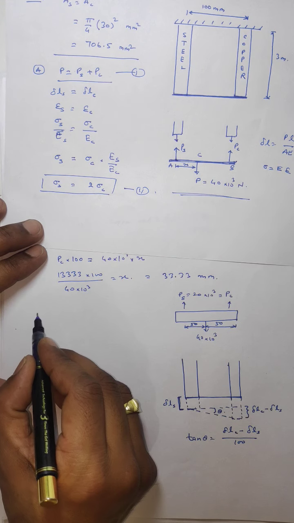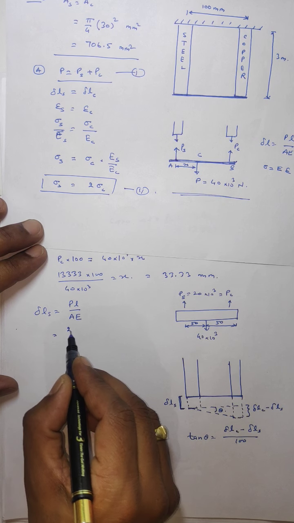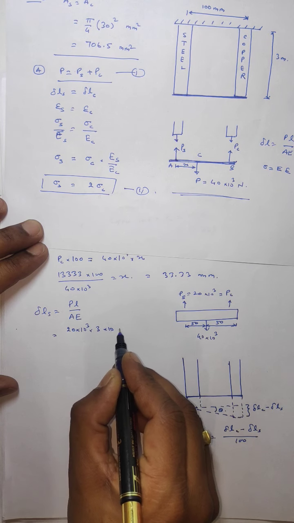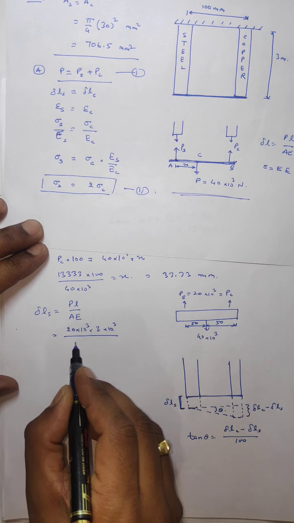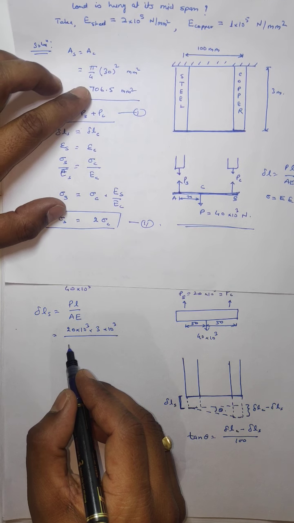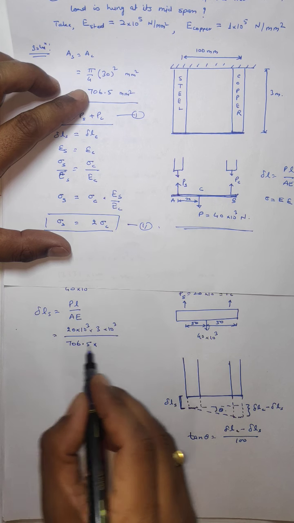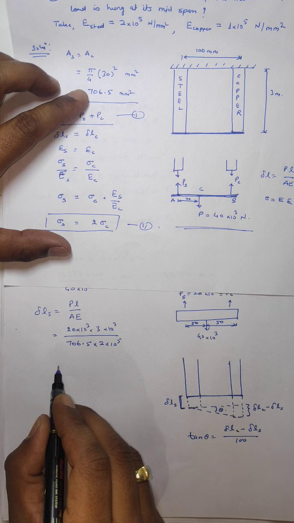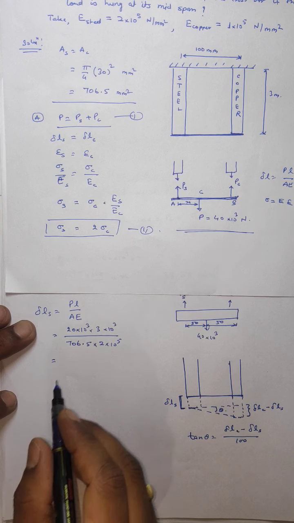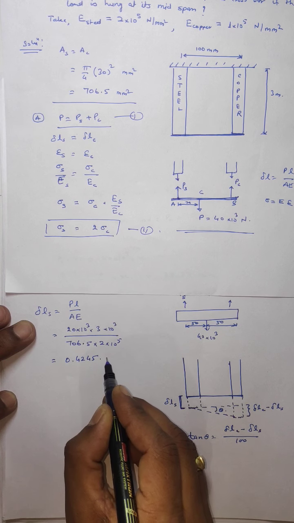We can calculate the elongation, say del L steel, by PL over AE. The value of P is 20 into 10 to the power 3. L is 3 meter, converted into mm, 3 into 10 to the power 3 mm, upon A. We have already calculated the value of A, 706.5 mm square, and E is given for steel as 2 into 10 to the power 5. So from here we have the value of del L steel as 0.4245 mm.